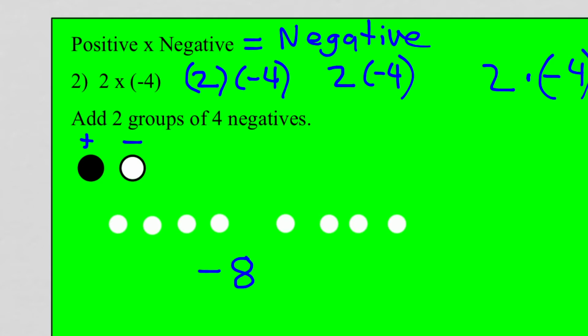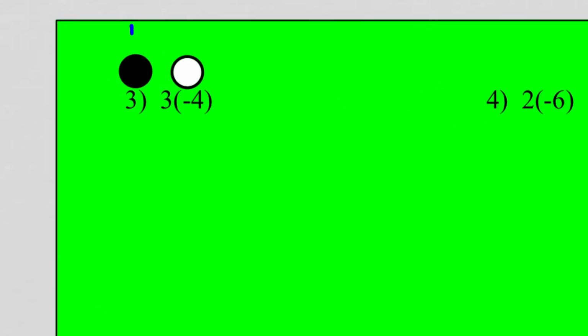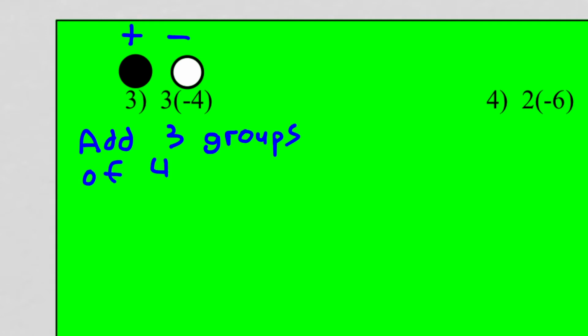Okay, so rolling along here, let's take a look what would be next. We'll do a couple more of these just to confirm we have this. So shaded is positive, unshaded negative. 3 times negative 4. Well, that means add 3 groups of 4 negatives.